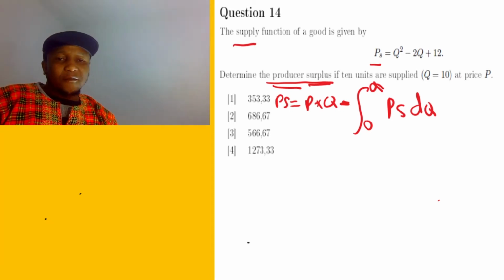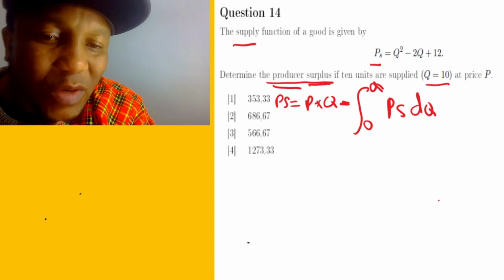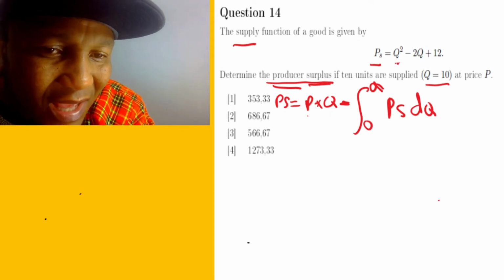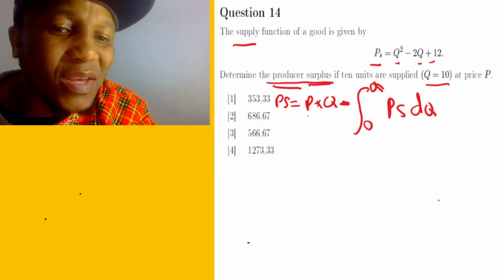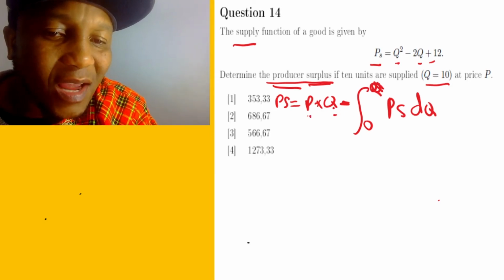So how do we do it? We have the value of Q equal to 10. We need to find P. We can get P because if I plug Q in here, it's going to give me P.